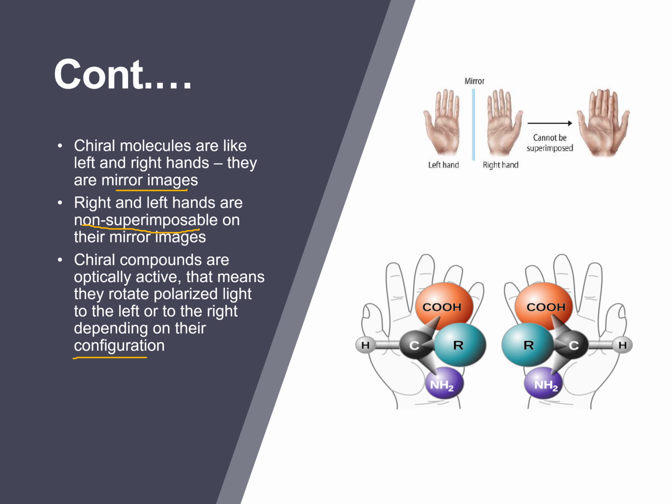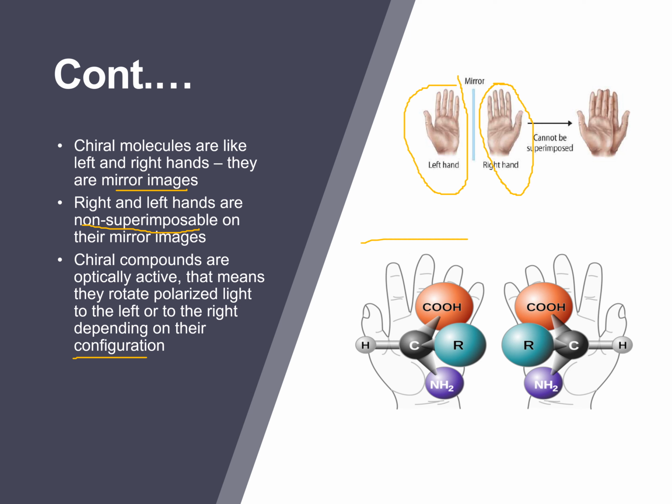Here, the left hand is the mirror image of the right hand and the right hand is the mirror image of the left hand. They cannot be superimposed and hence left and right hands behave like chiral molecules.